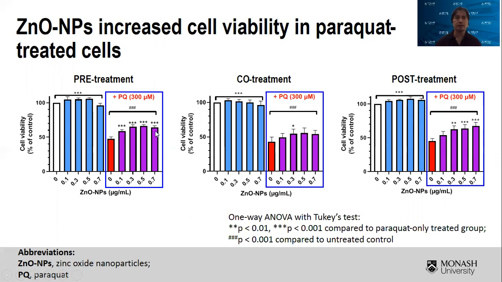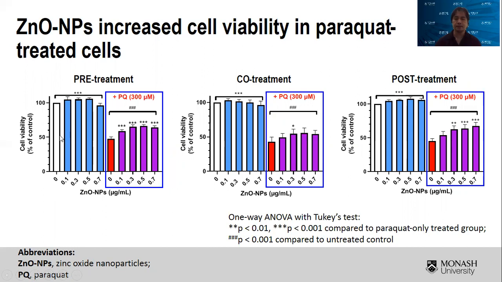We found that exposure to zinc oxide nanoparticles alone, at concentrations ranging from 0.1 to 0.7 microgram per mL, did not affect cell viability. 300 micromolar of paraquat reduced the cell viability to less than 50%.